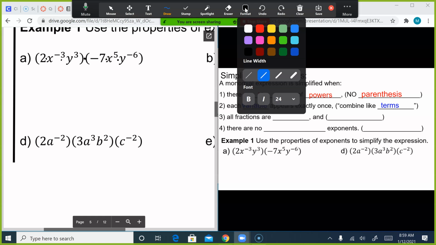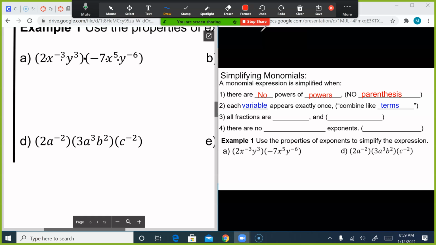So I'm going to group them and put my numbers together and multiply. So 2 times -7. And then I'm going to group it to put my x's together: x to the -3 times x to the 5th. And then group my y's together: y cubed times y to the -6.